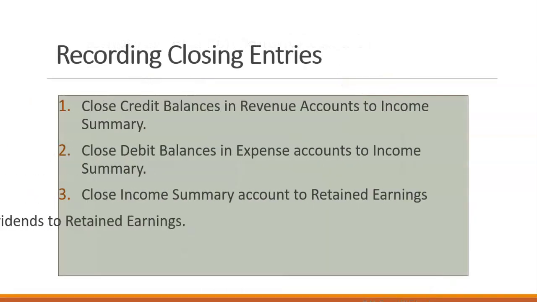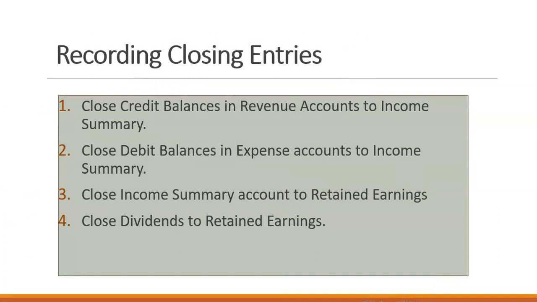Okay, so to record the closing entries, we close the revenue account. The revenue account has a credit balance. So we are going to debit the revenue account for whatever it takes to make it zero. Then we close the expense accounts. We take them all to zero.